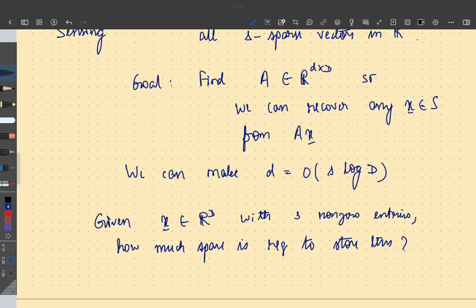Assume that each real value can be represented using some constant number of bits. S multiplied by C plus log 2D. Why log 2D?